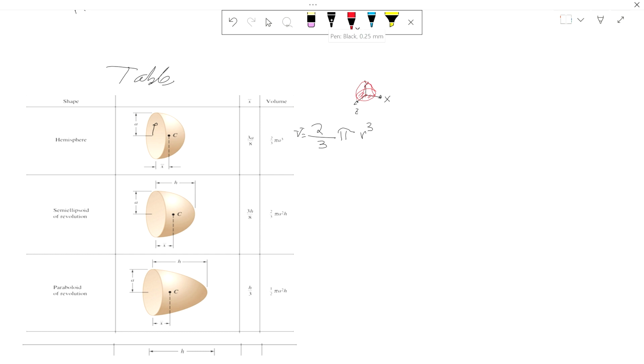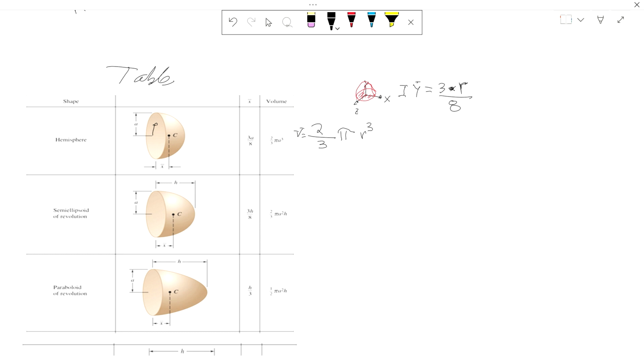In this case, the centroid is with respect to y, and in this case, with respect to x. So be very careful that you find the centroid with respect to the axis that they're asking you. And in this case it is 3 times the radius over 8.